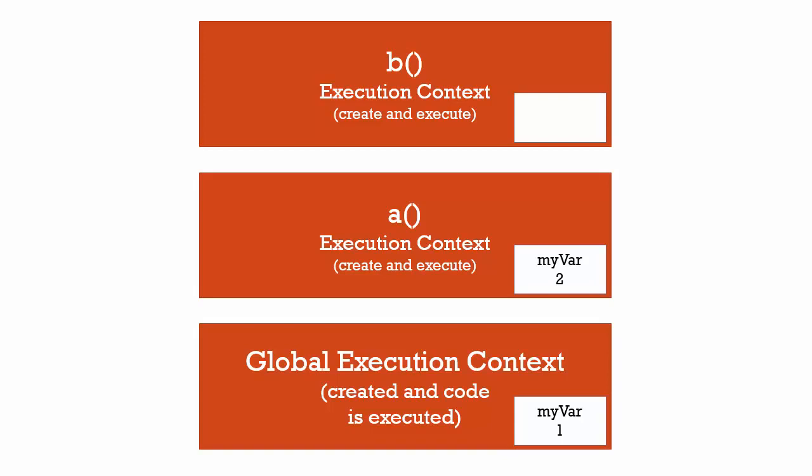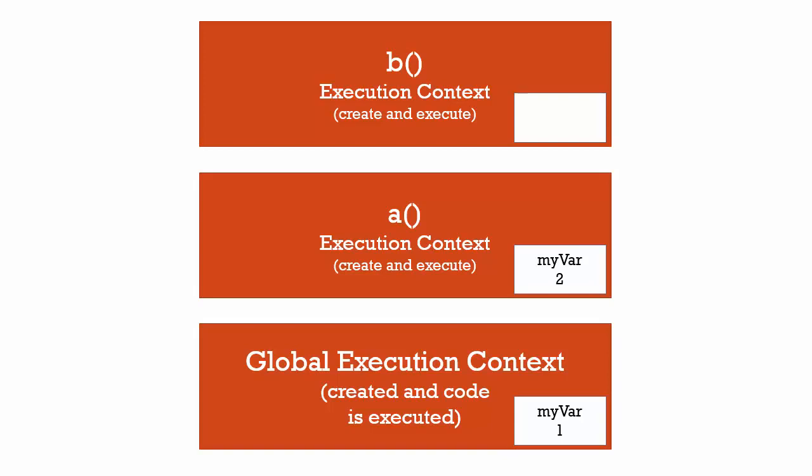And when you ask for a variable while running a line of code inside any particular execution context, if it can't find that variable, it will look at the outer reference and go look for variables there, somewhere down below it in the execution stack.